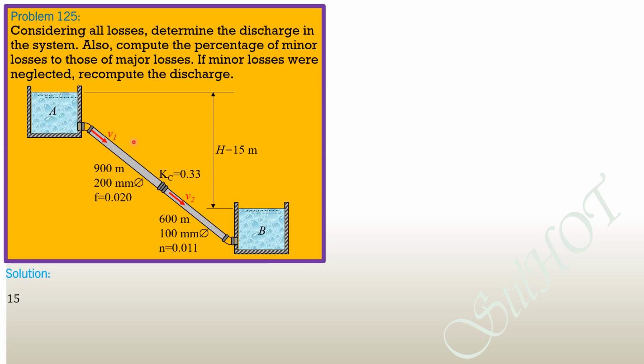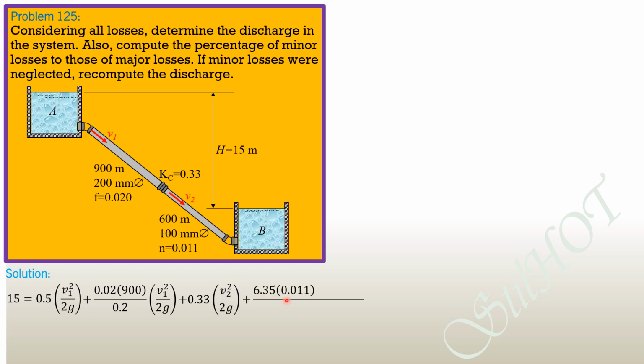So 15 is equal to 0.5 of the velocity head at 1, plus friction loss, which is friction factor 0.02 times length 900 over diameter 0.2 times the velocity head of pipe 1, V1 squared over 2g, plus contraction loss 0.33 times the velocity head at 2, V2 squared over 2g, plus pipe friction, which is 6.35 times 0.011 squared times length 600 times velocity 2 squared over diameter 0.1 to the 4/3. Then the minor loss at the submerged exit, 1 times the velocity head in pipe 2, V2 squared over 2g.